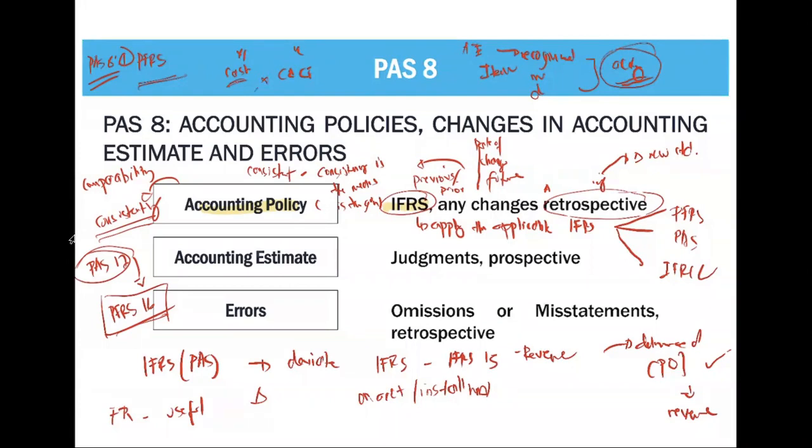Therefore, at some point, some collections are not collected, or are written off or doubtful. So what is the effect on our accounts? Your accounts might be overstated because you already recognized the revenue, but you cannot collect it.